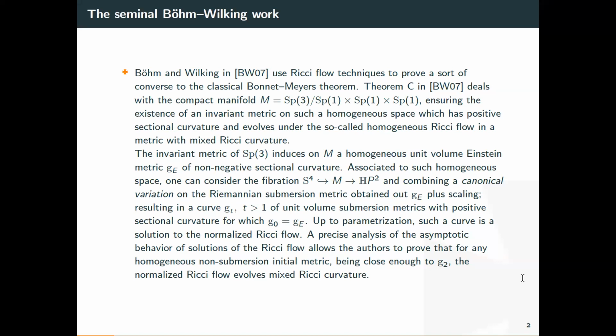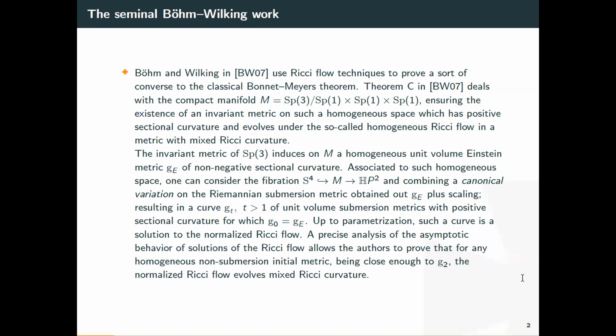And the point is that when you are in a very close neighborhood of your Einstein metric, for this family of solutions to the homogeneous heat flow, you have metrics with positive sectional curvature, but when you look at the long time behavior of these solutions, these metrics come to have directions, planes, with non-positive sectional curvature.